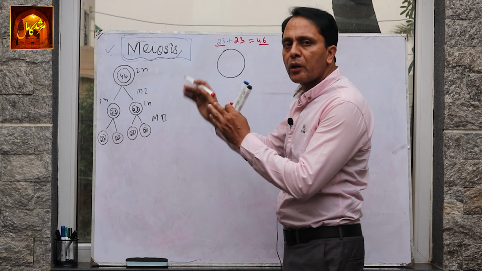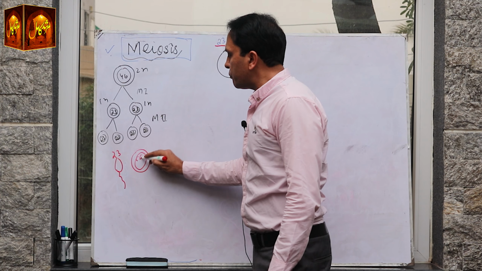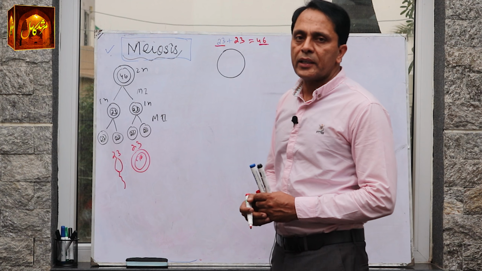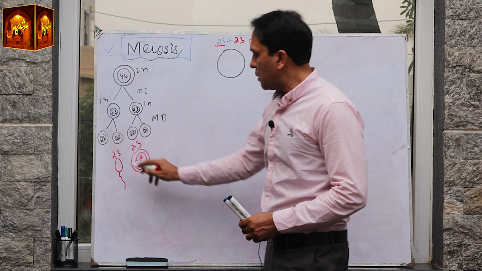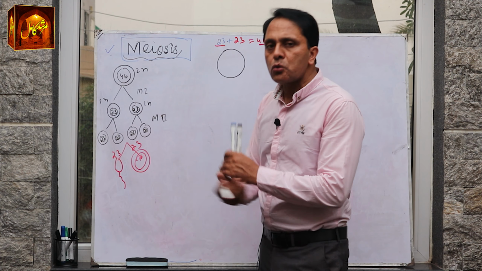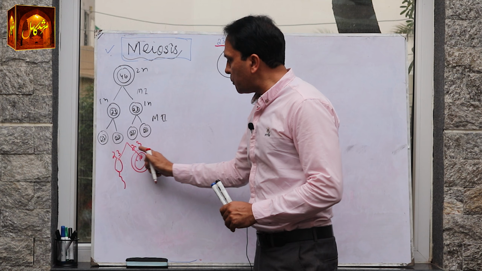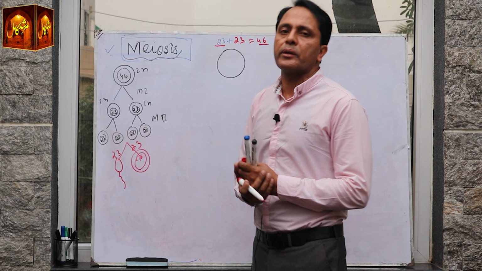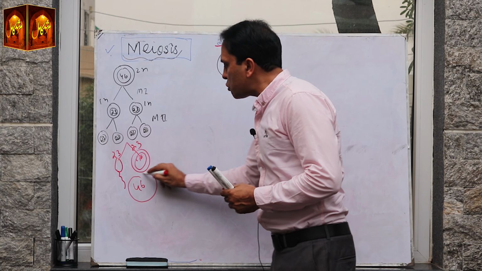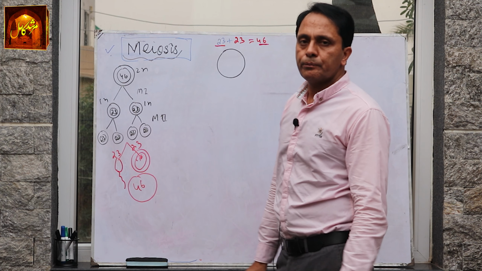I mean, the sperm will carry 23 chromosomes, the egg or ovum will carry 23 chromosomes. During the process of fertilization, when the nuclei of these two gametes fuse together, the 23 chromosomes combine together, and 46 chromosomes will be restored again in the zygote.